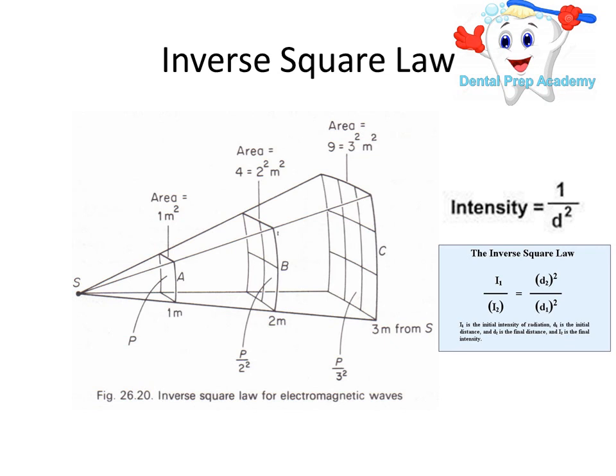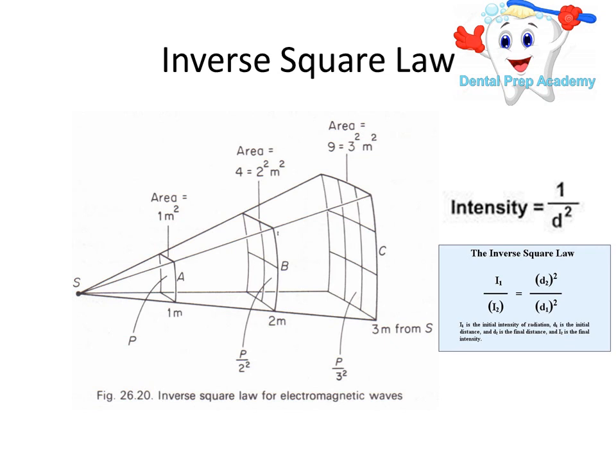Now, coming to the inverse square law. The inverse square law states that intensity is inversely proportional to the square of the distance the electromagnetic radiation or beam is crossing. So, this is the inverse square law for electromagnetic waves. We have this formula: I1 upon I2 is equal to D2 square upon D1 square.